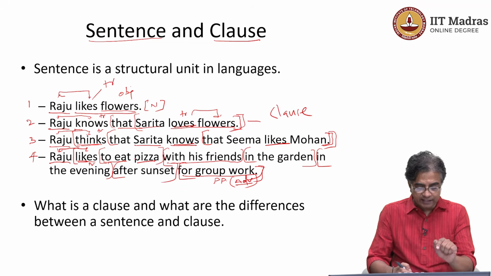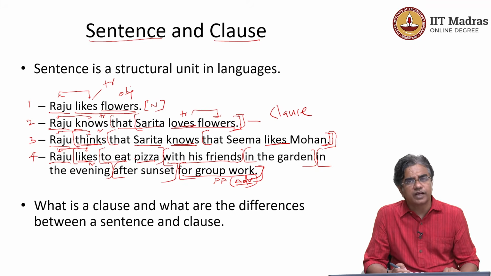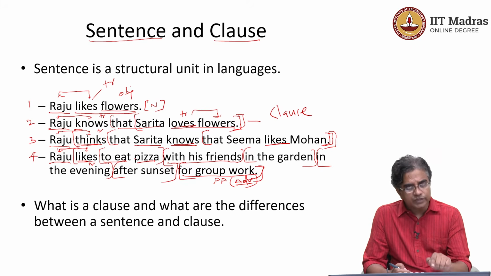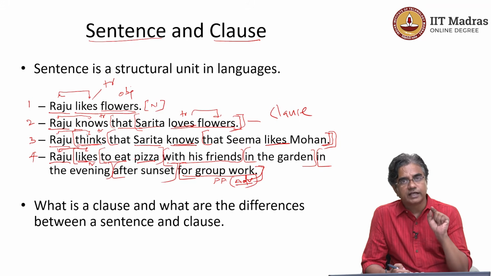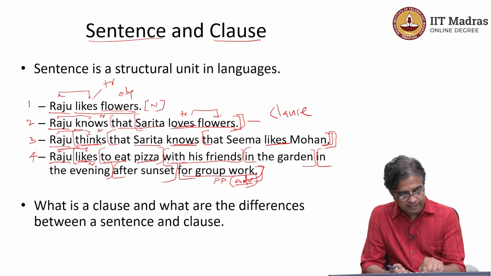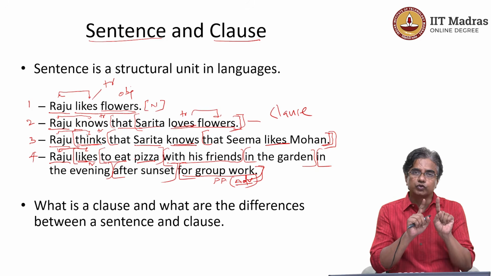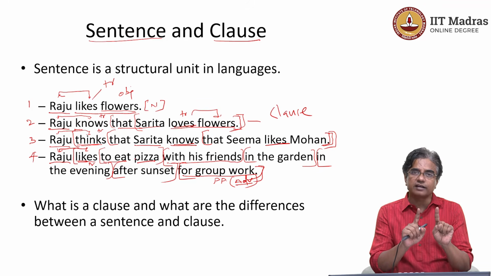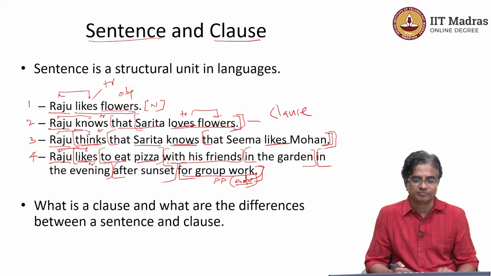We are saying Raju likes to eat pizza. Who likes to eat pizza? Raju. So, Raju is the subject of the sentence, the predicate like. It is also the subject of the predicate to eat. And when two subjects refer to the same entity, the second one gets deleted.